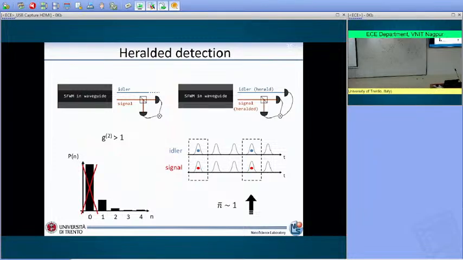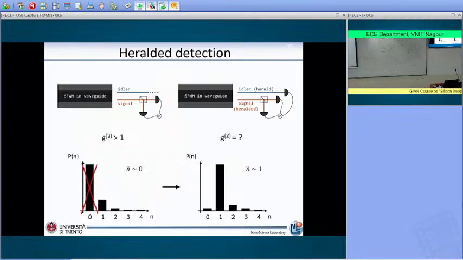And so I'm removing all those states that have no photons. And so I end up with a statistics that is very similar to the desired single photon statistics in my wish list. Is it clear?